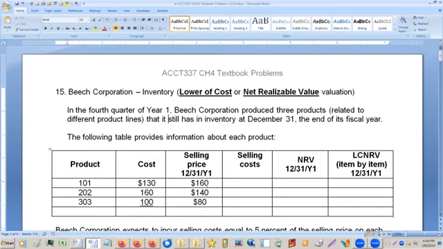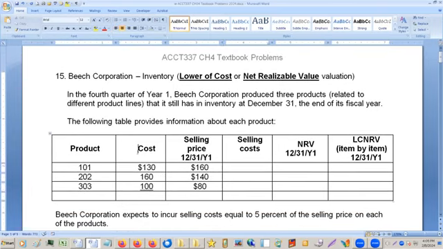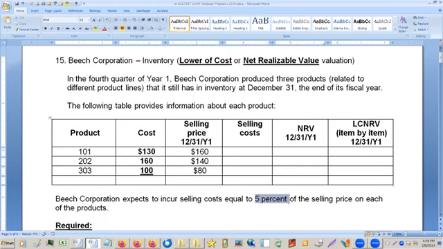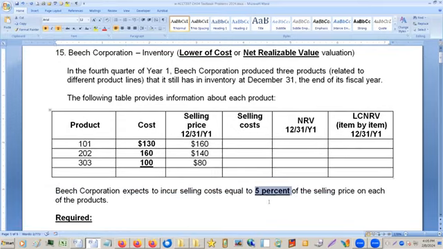Okay, so we have our costs. It's pretty easy. And now we need to find our net realizable value. And we come down here and they tell us that 5% of the selling price of each of these is our selling cost.